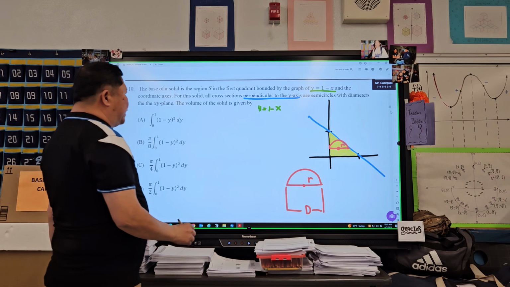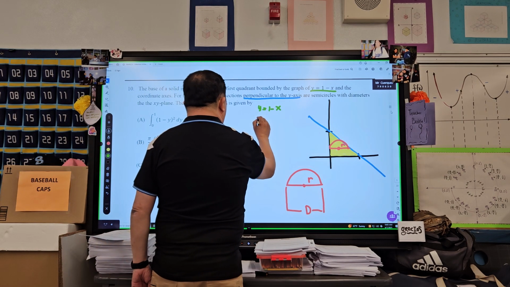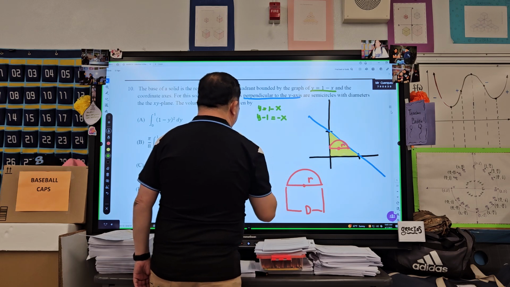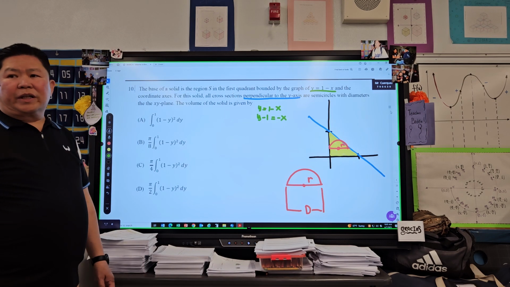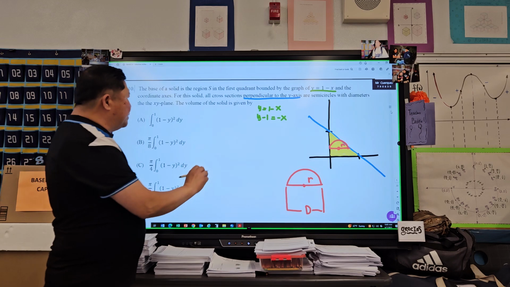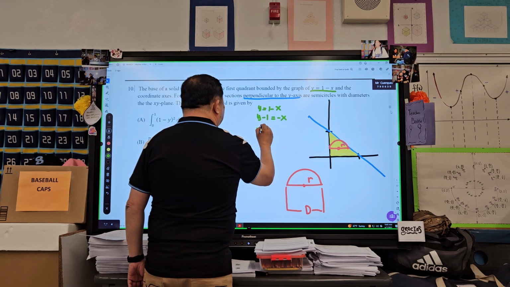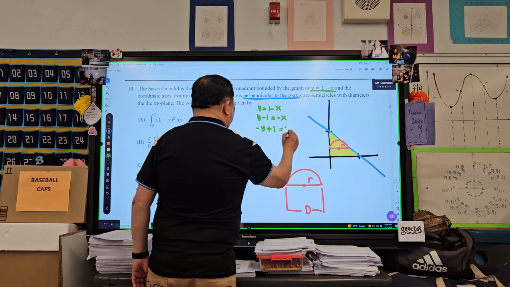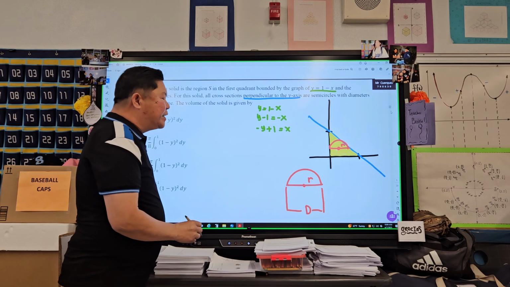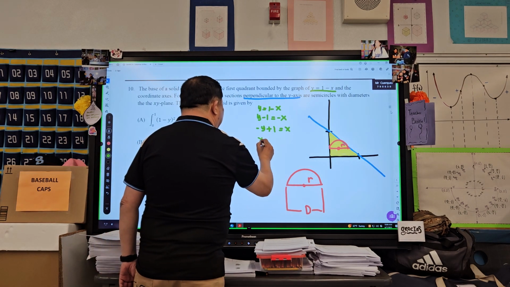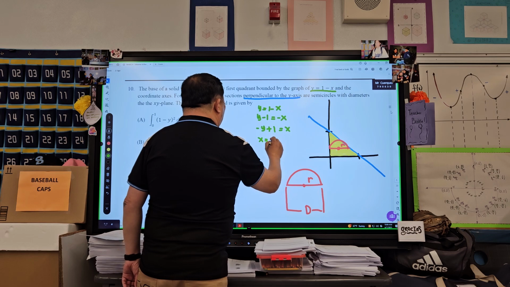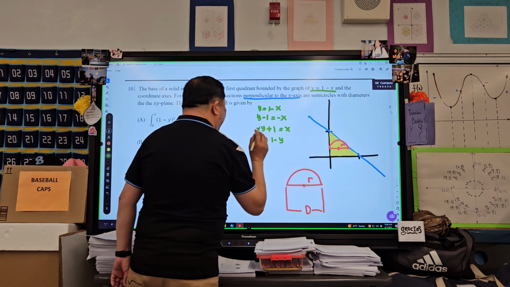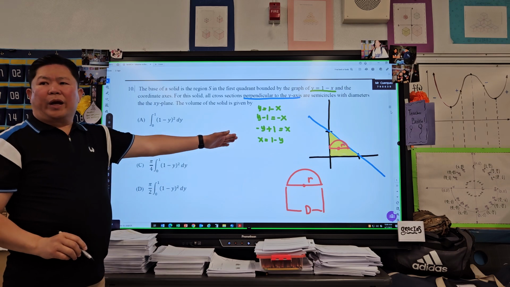We're going to find what x is. So let's say y minus 1 is equal to negative x. And then what to do? Divide both sides by negative. So this becomes now negative y plus 1 is equal to x. Or we can rewrite as x is equal to 1 minus y. Okay? Can we have it this way?